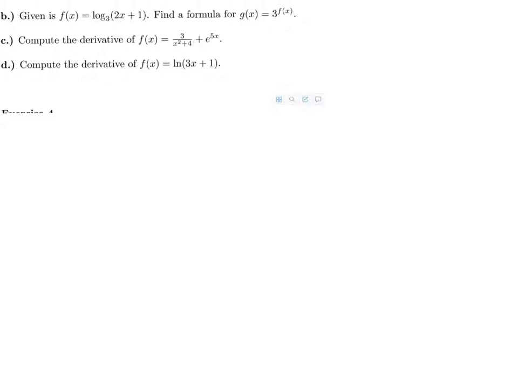In order to answer this question, let's quickly revise what this expression here actually means. The logarithm of 2x plus 1, this is our f of x, to the base 3. What is this?